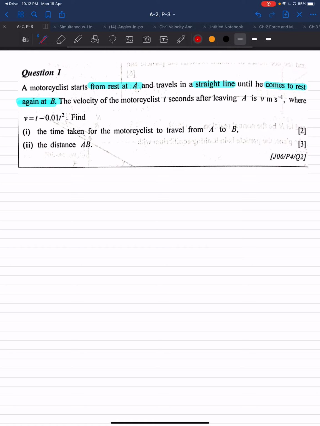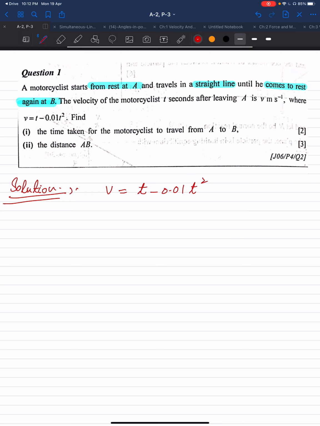The velocity of the motorcyclist t seconds after leaving A is v meters per second, where v is equal to t minus 0.01 t square.